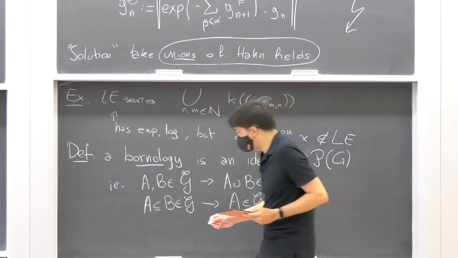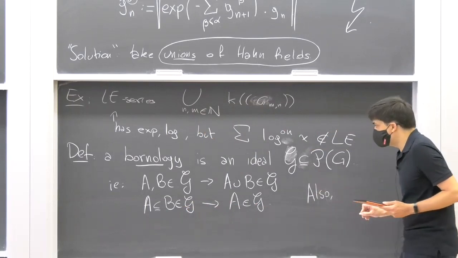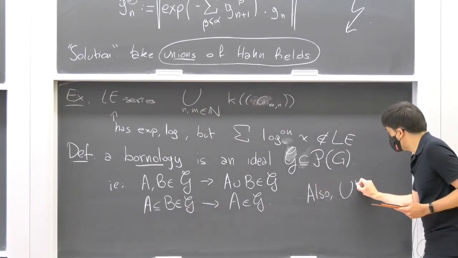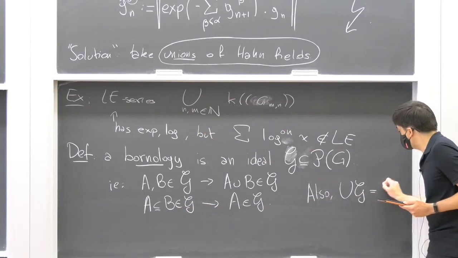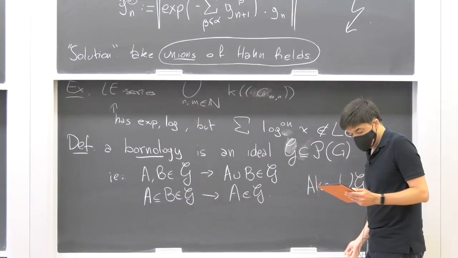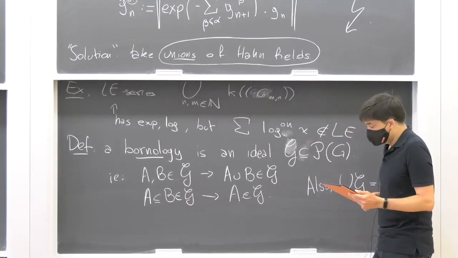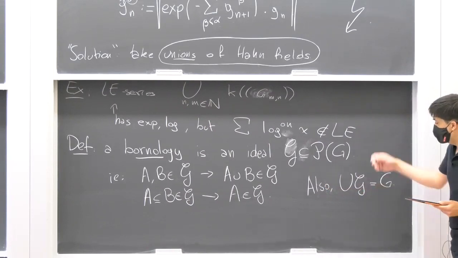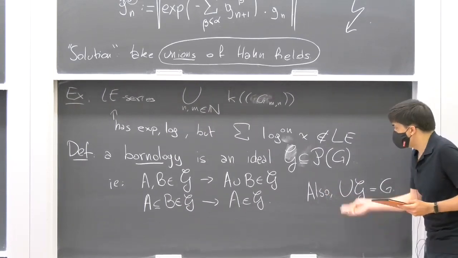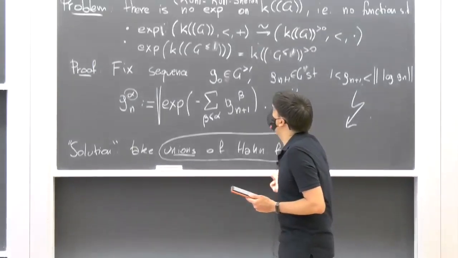Also, and this is just a technical requirement, I'm going to assume that this ideal curly G of subsets of G covers all of G. Now basically this is one way of writing directed unions of Hahn fields.